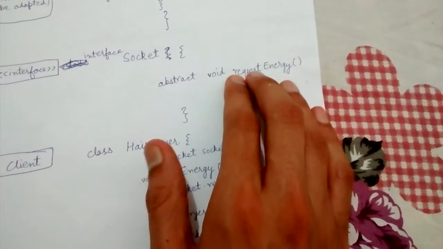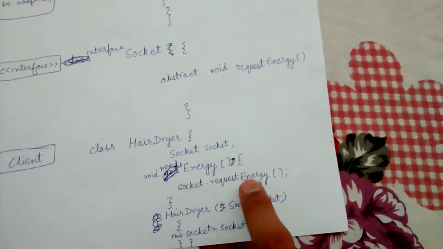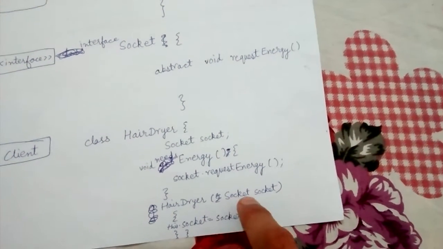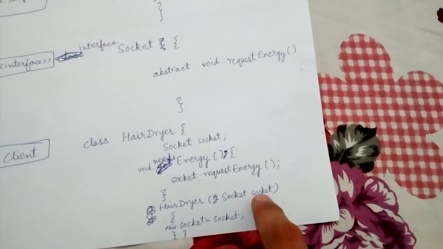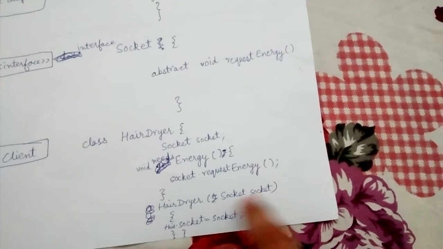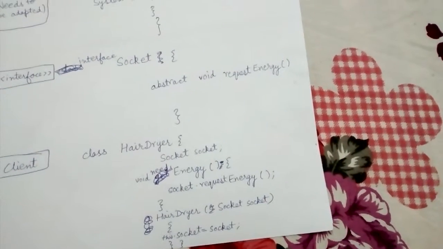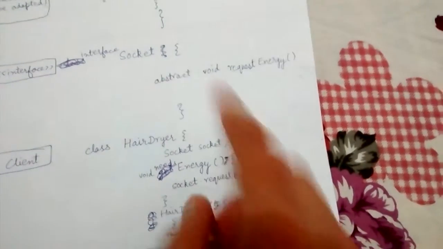This socket interface is just defining a request energy method which is called here, and this is the hairdryer constructor. When we provide it a socket reference, it initializes its own reference with that. It's as simple as that.